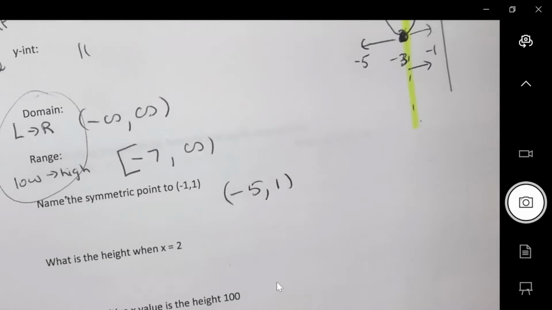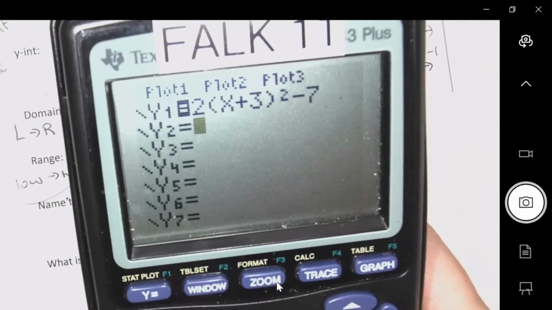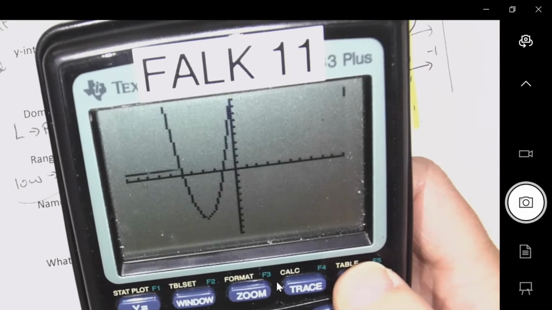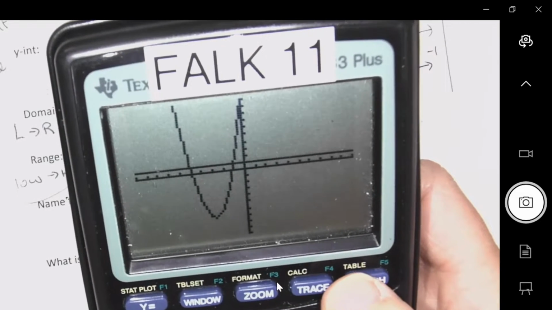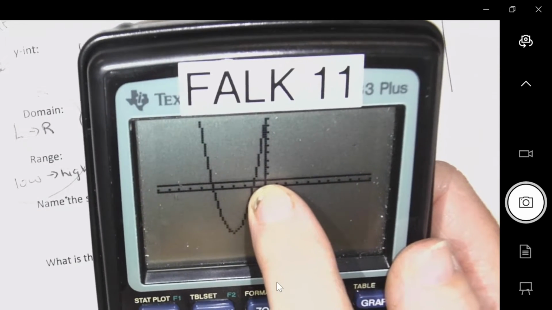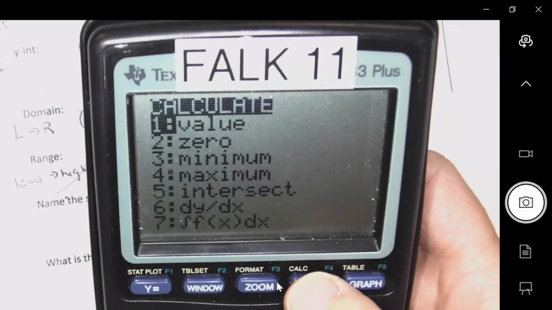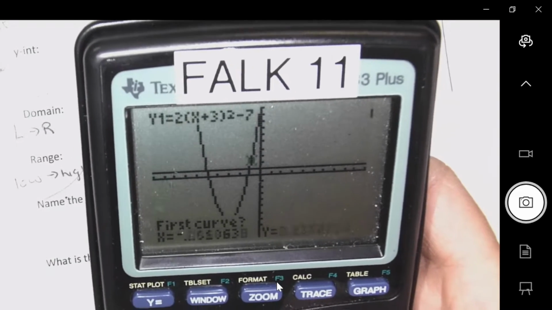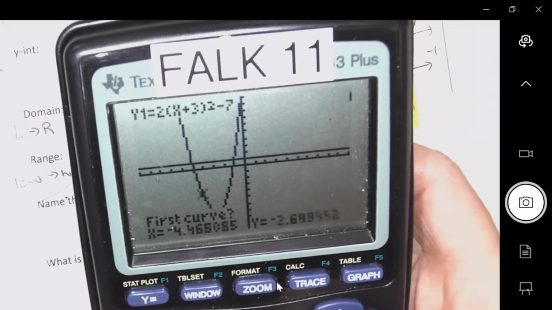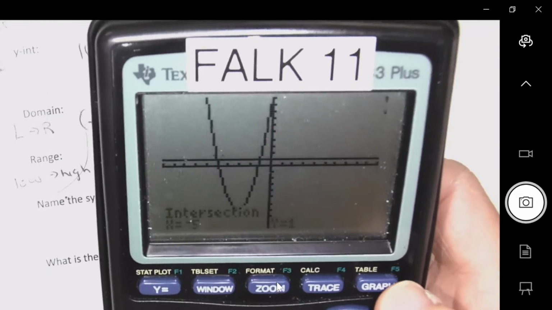Okay, some of you liked the other method I showed you, which was draw me a line at 1. Obviously this is the -1, 1. And then I can second calculate the intersection. I have to move my mouse closer to that intersection. Enter, enter, enter.